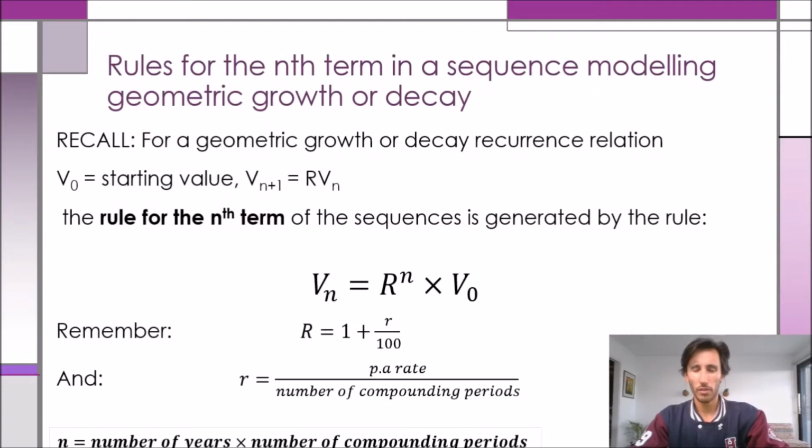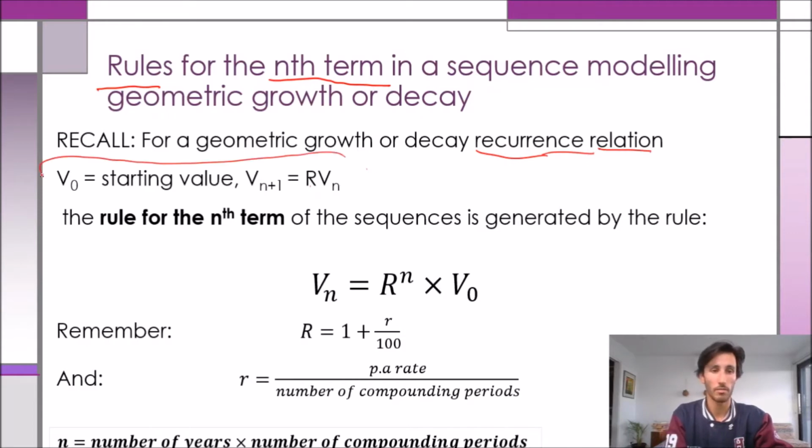All right, for those of you that love equations, we're looking at the rules for the nth term. So the rule for the nth term in a sequence for geometric growth or decay. For geo growth or decay, remember that V0 is the starting value and Vn plus 1 equals R Vn. That was our recurrence relation. So this is our recurrence relation, this thing here.